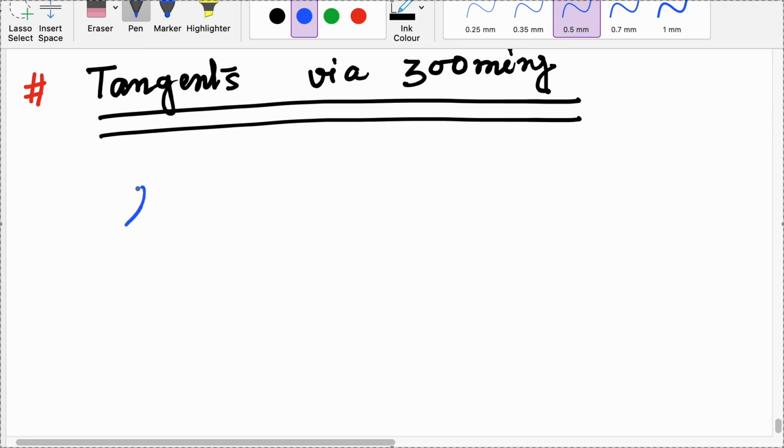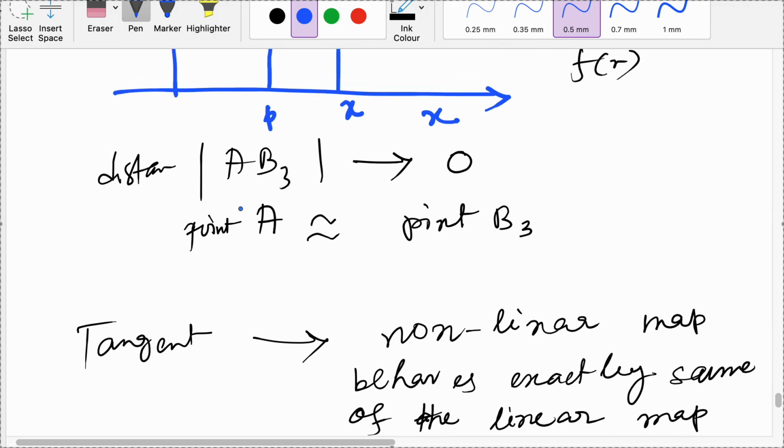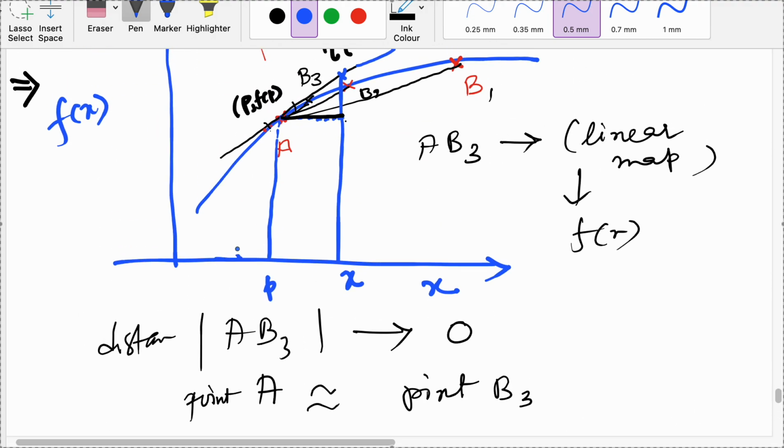Suppose I approach towards the point p, the distance between x and p, it doesn't matter whether I am coming from this side or this side.